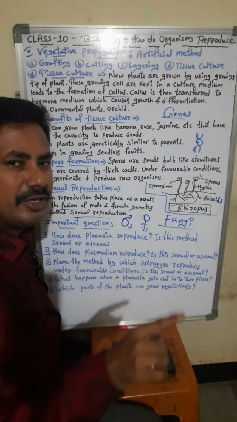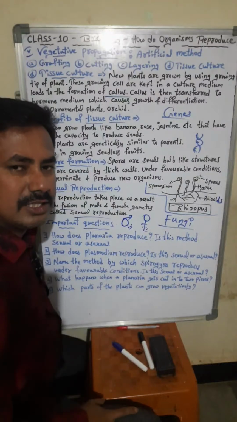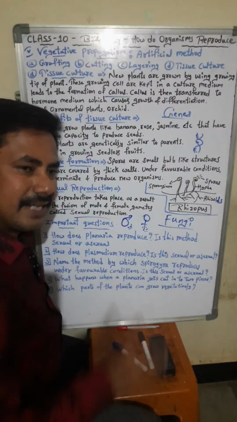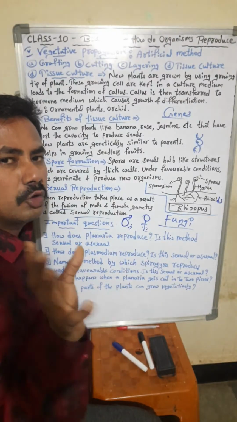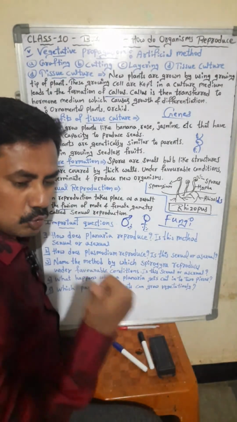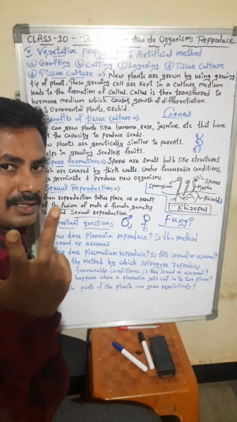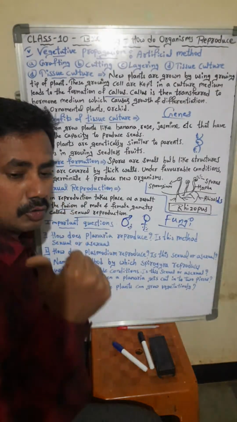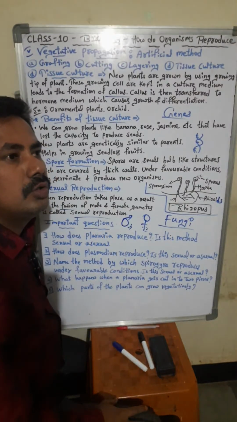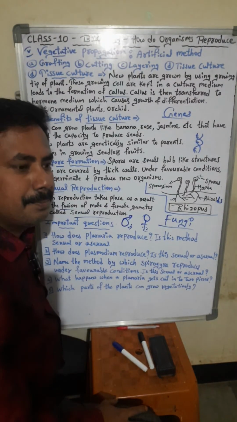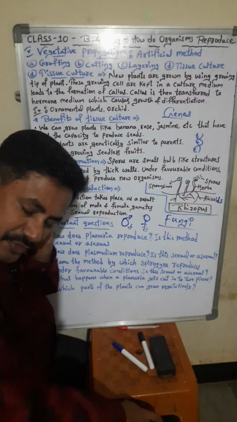I have already made a previous video on these topics. The next one is vegetative propagation. Many plants grow from the growing parts of the plants, by the root, by the stem, and another one. Wait, I will just tell you.